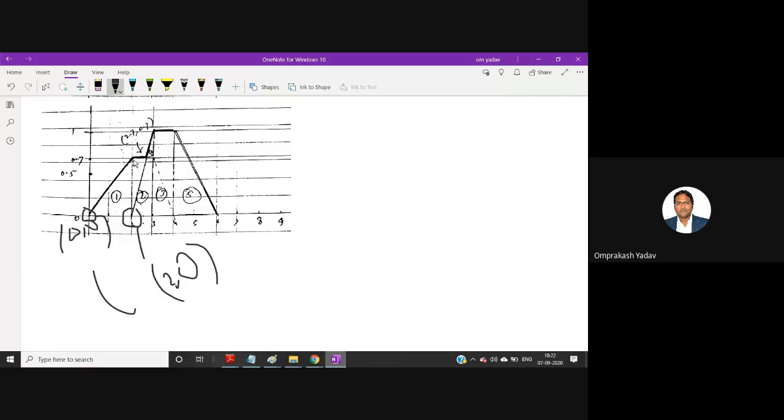Then this particular point, the coordinate for that one will be: first, always write the x coordinate. The x coordinate is 2, sorry, I'm talking about this point, and then the height is 0.7.